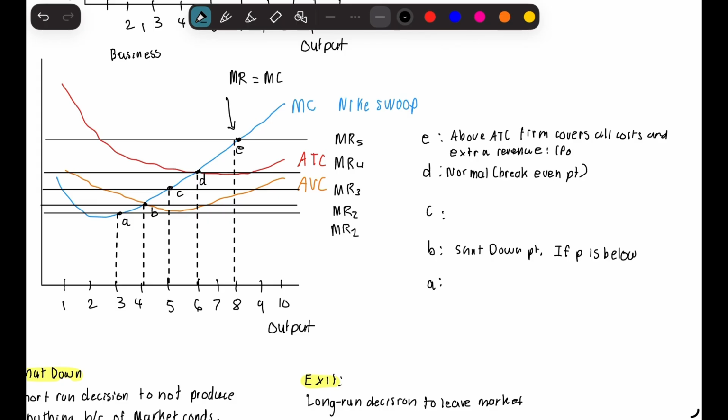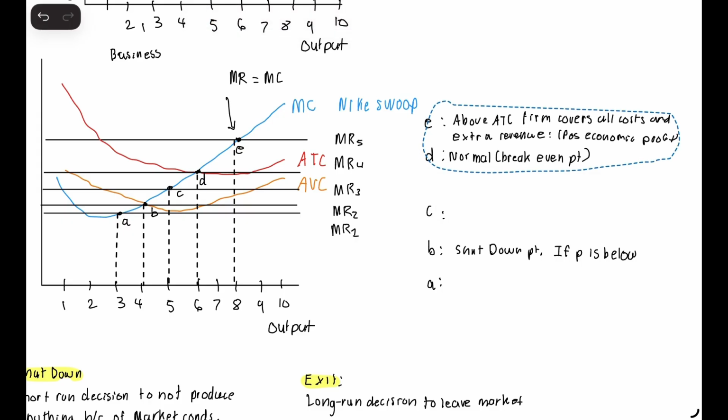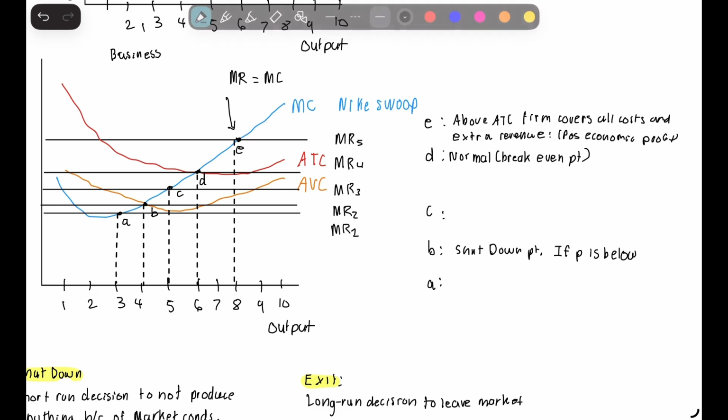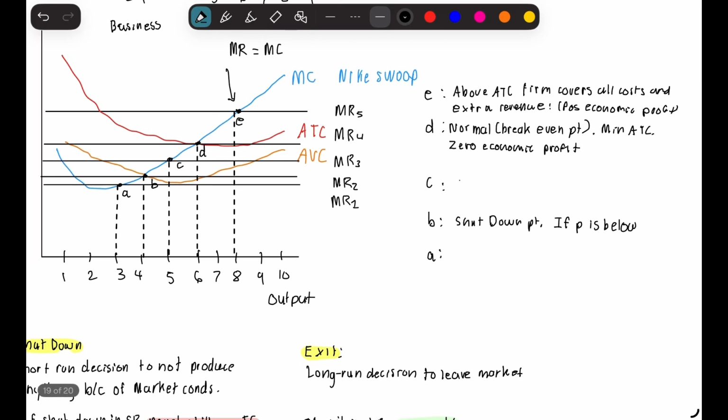This is positive economic profit. Now for D, this is your point where you are at the minimum ATC. This is your break-even point. And at this point you earn 0 economic profit.